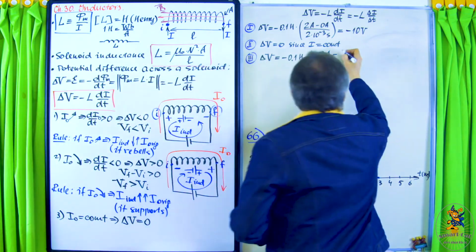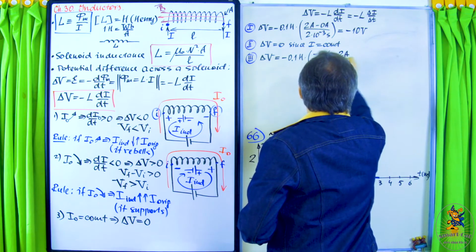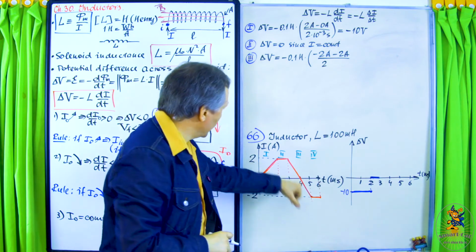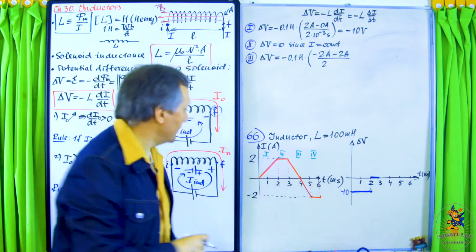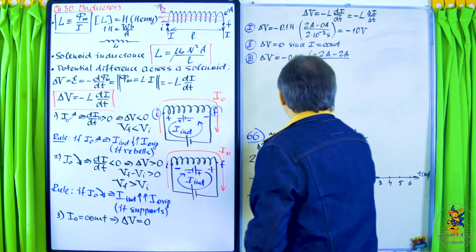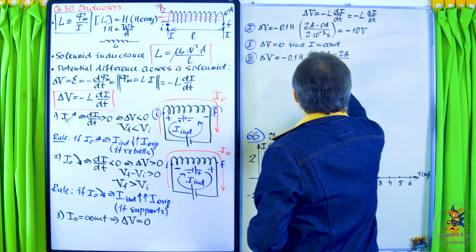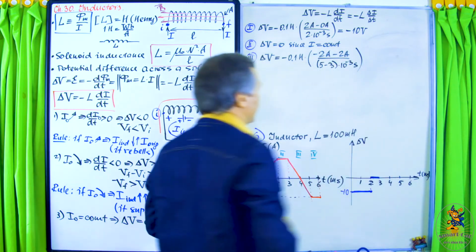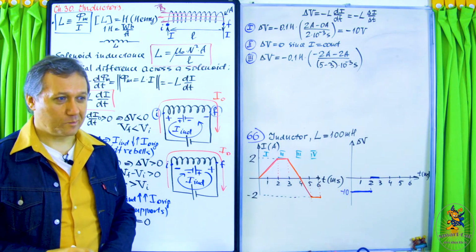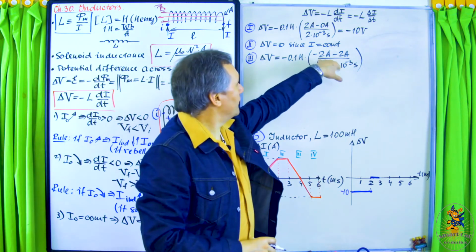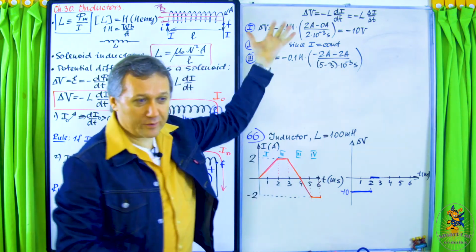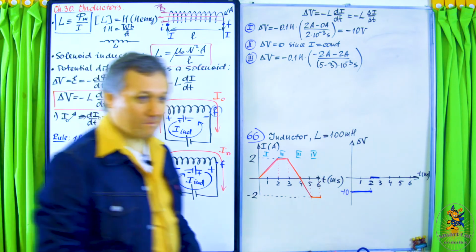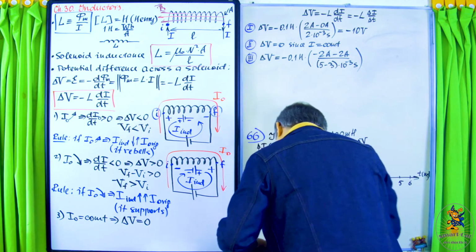Minus 2 amps, divided by the stretch of time: 5 minus 3, let me write explicitly, 5 minus 3 times 10 to the power of minus 3 seconds, milliseconds, right? So 2 milliseconds. So with the minus in front of this ratio, the potential difference will be positive, like we just discussed conceptually. So what's the answer? Plus 20 volts.